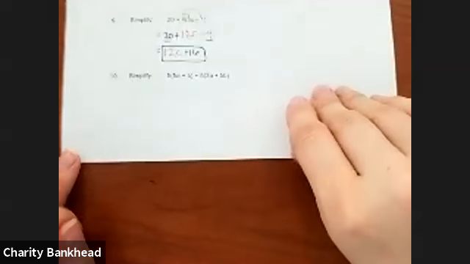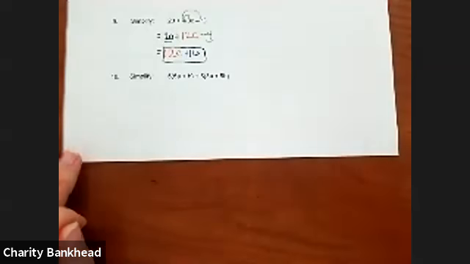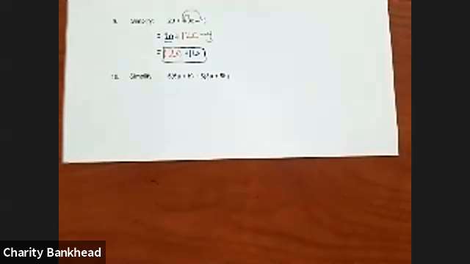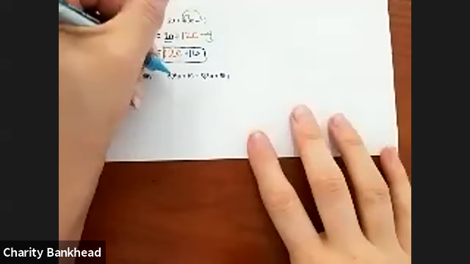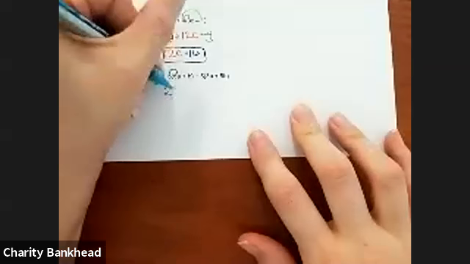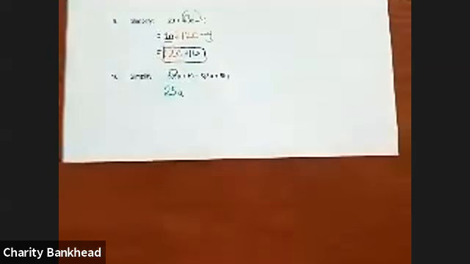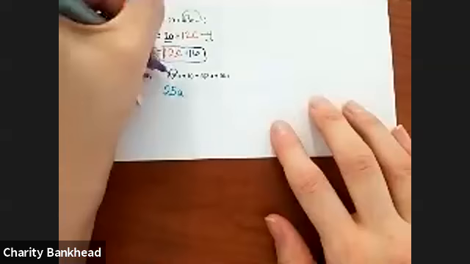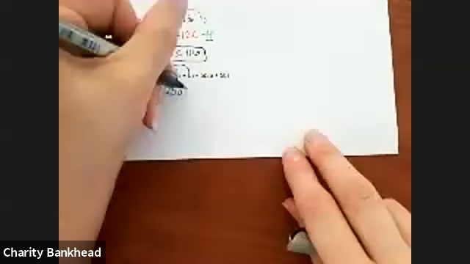Okay, number 10, I need to distribute. So distribute the 5. So 5 times 5a gives me 25a. And then 5 times b is just going to be 5b.